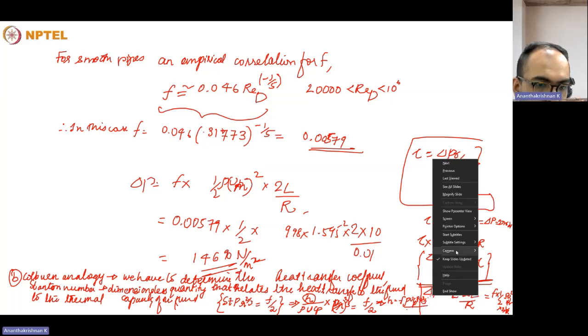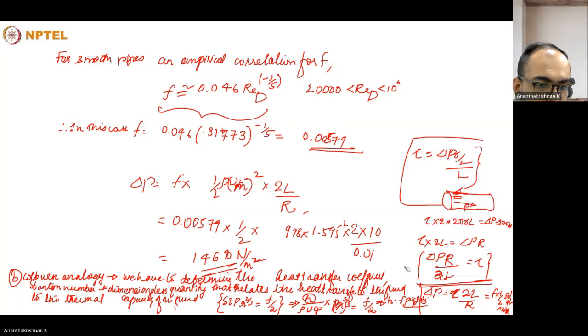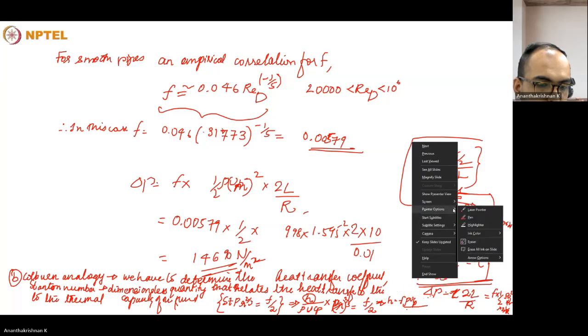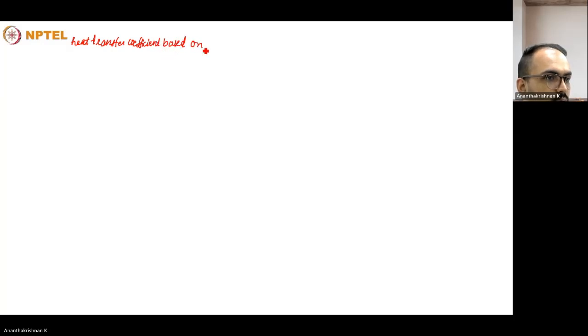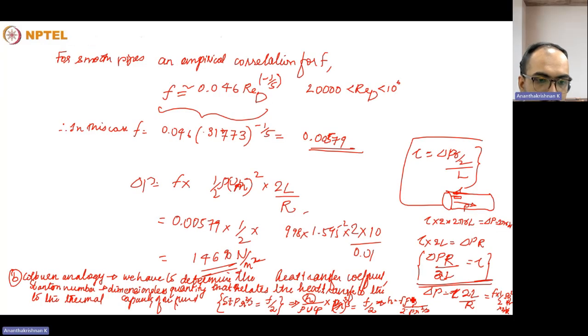So Prandtl number to the power 2 by 3 will be at the bottom. You substitute the values straight away, and we'll get the heat transfer coefficient based on the Chilton-Colburn analogy: h equals f rho U Cp divided by 2 Prandtl number raised to 2 by 3.